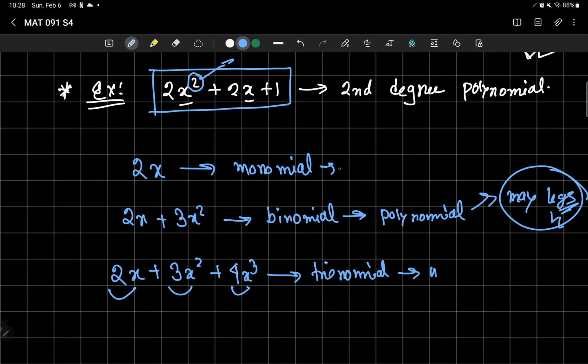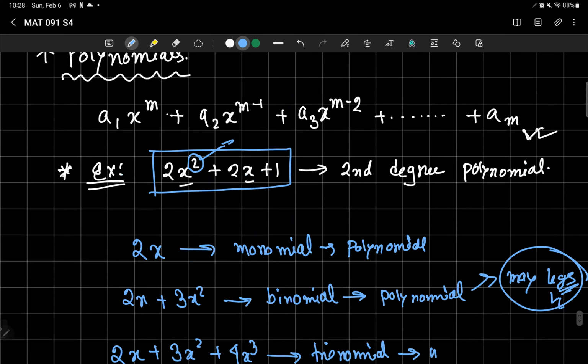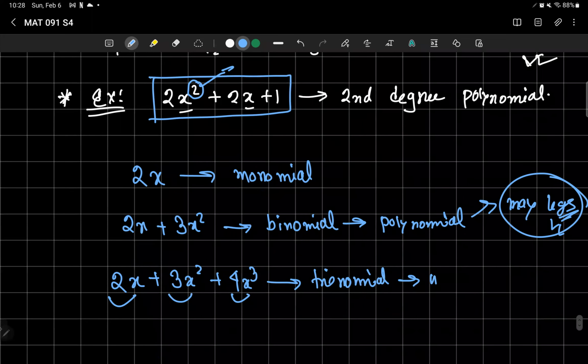In fact, a monomial is also a polynomial. Why? Well, it's not a proper polynomial, but it's a polynomial with one term. Most of the time we just call it a monomial. But if you have more than one term, you can just call them polynomials instead of binomial, trinomial, and so on.